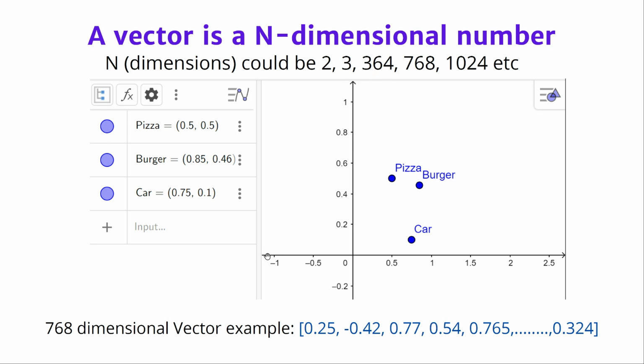Just imagine this 2D grid, and similarly, instead of 2 numbers here, you might have 364 or 768 or 1024 numbers. Simply a similar comparison could be done in any n-dimensional space, not just 2D. Just imagine 3D version of this or any higher dimensional version of this, for example 768 dimensions.